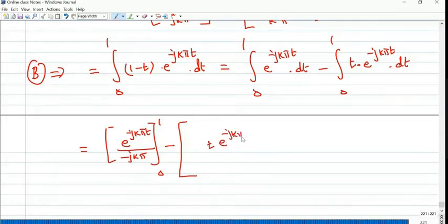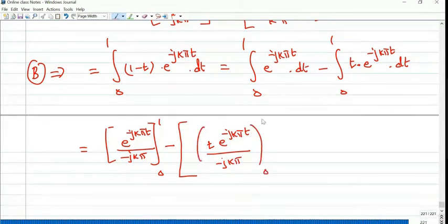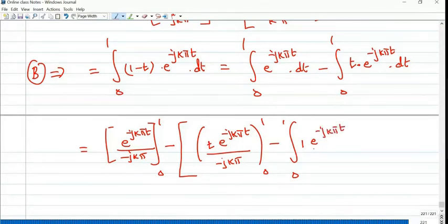E power minus jk pi t divided by minus jk pi. Limit 0 to 1. Minus integration of u dash v first. U dash 1 integration v. E power minus jk pi t divided by minus jk pi into dt.